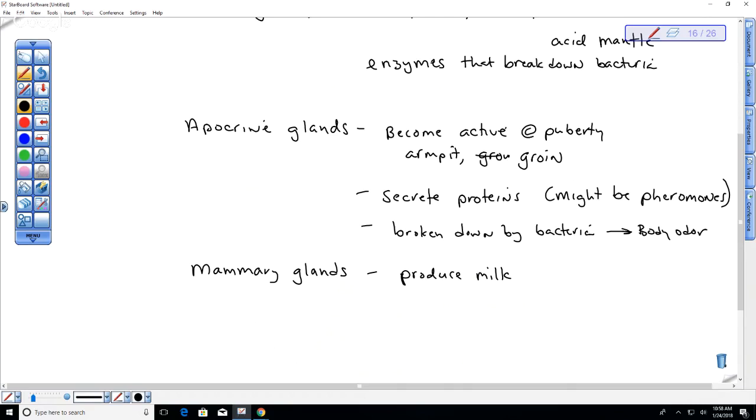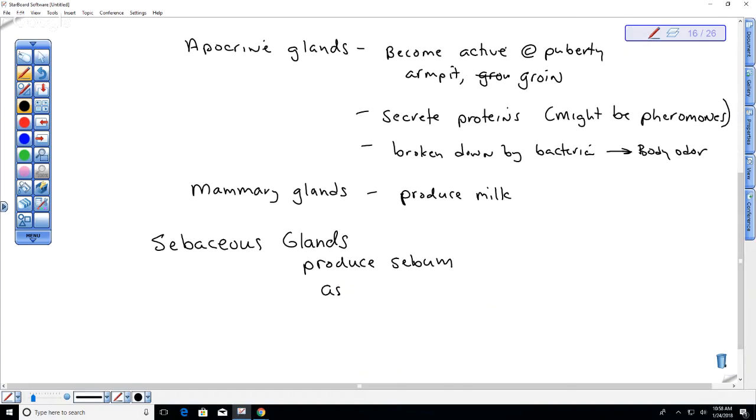So the other type of gland besides sudoriferous and eccrine that we have in our bodies are called sebaceous glands. And these produce sebum. And these are associated with hair follicles.